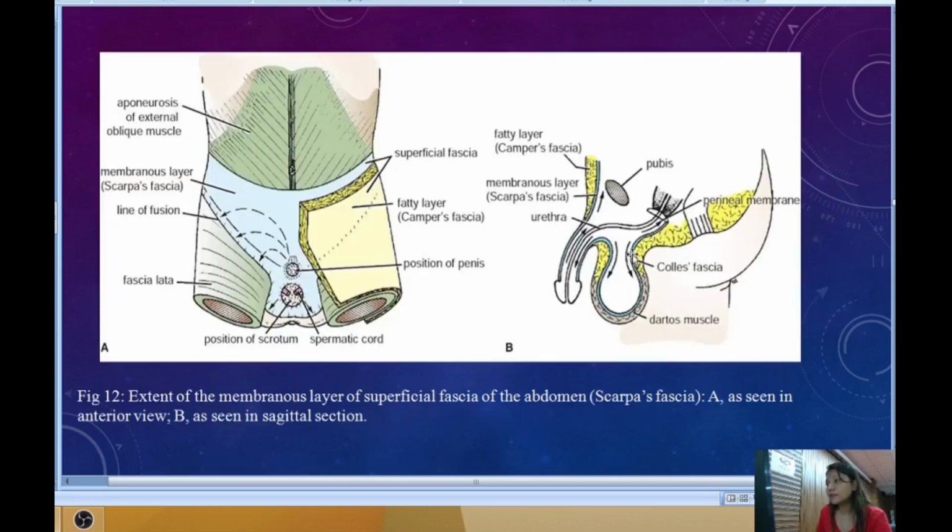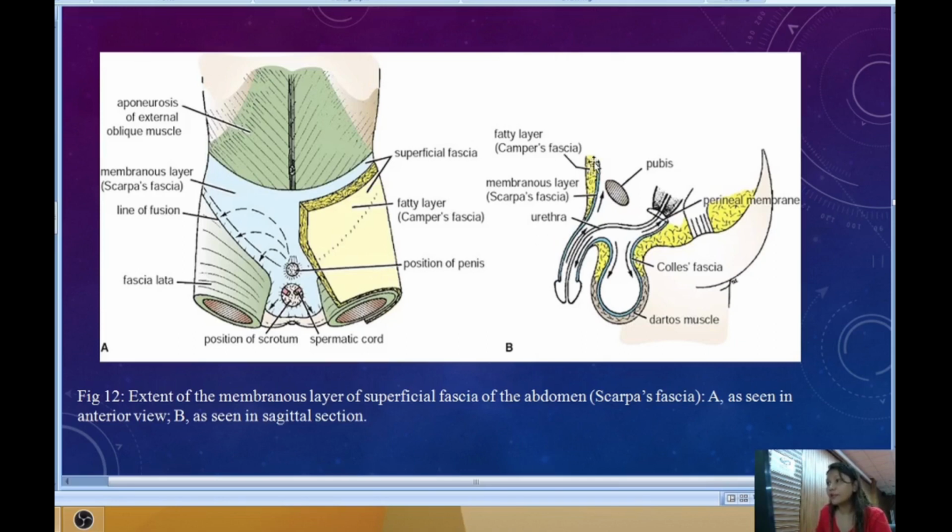So you can see this is a Colles' fascia. Okay, this is the Colles' fascia. This is the fascia of the perineum, and the space between this and the perineal membrane, this space is known as the superficial perineal pouch. Very, very important clinical wise.